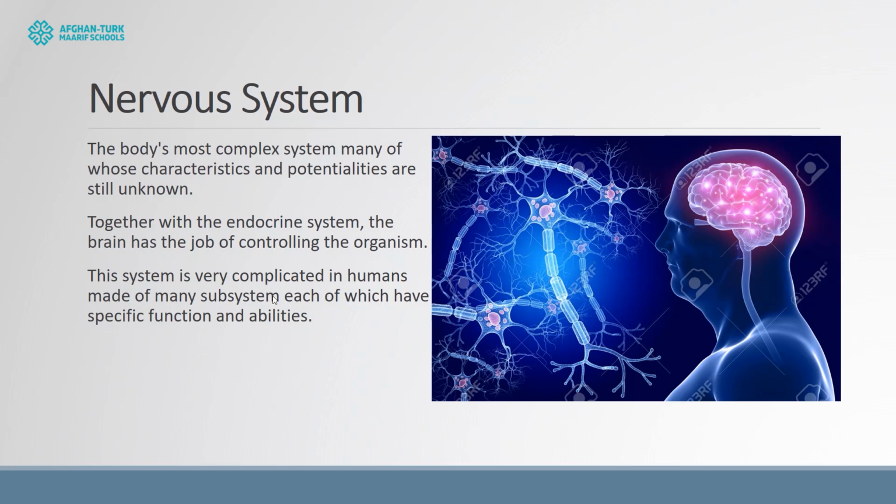Our nervous system, together with the endocrine system, works in assembly to control our organism. This system is very complicated and is made of many subsystems, each of which has its own functions and abilities.